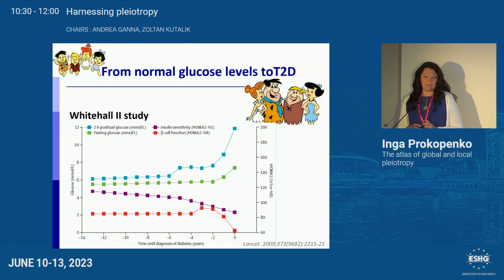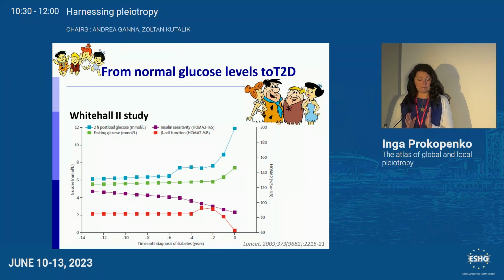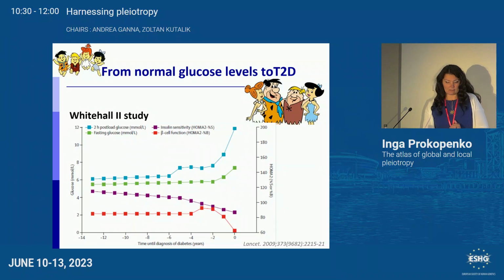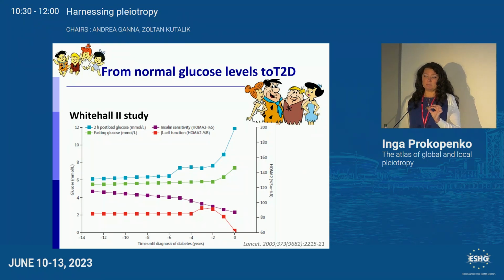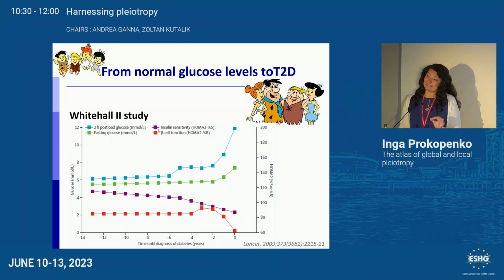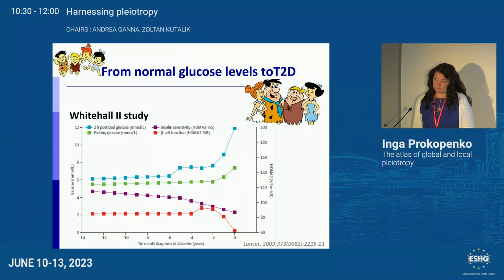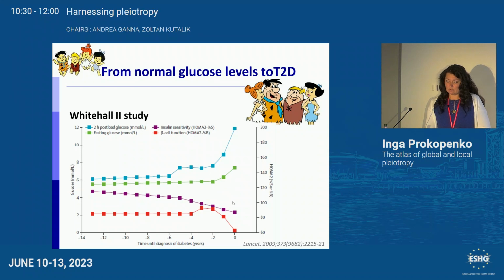Another study is Whitehall. So here, you need to look at this graph. It is very interesting. You need to look from the right to the left. So 0 is the year when people develop diabetes. And there are 4 continuous measures of glycemic phenotypes, which are related to the risk of diabetes.